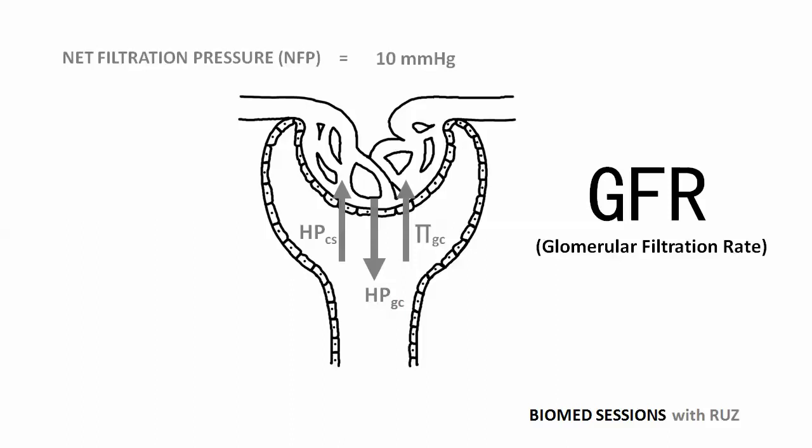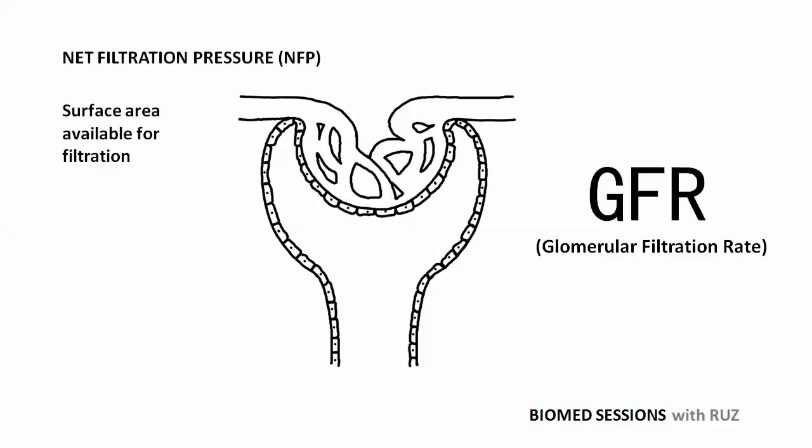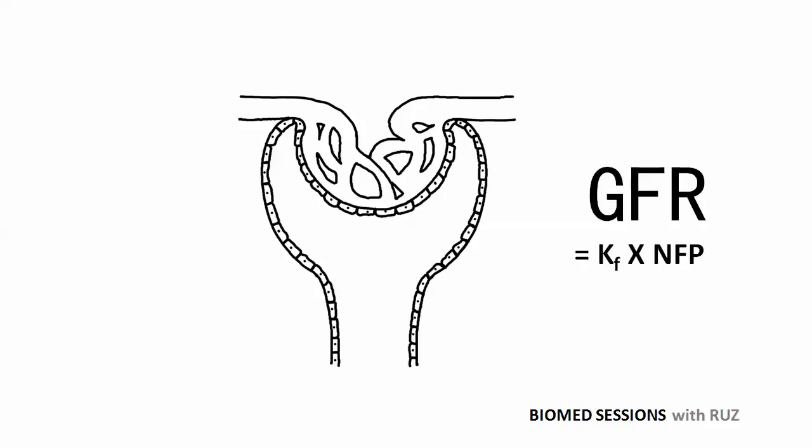GFR not only takes into account NFP, but also surface area available for filtration and permeability of glomeruli. In fact, GFR equals the product of surface area and permeability multiplied by NFP, which can be condensed to the filtration coefficient multiplied by NFP.